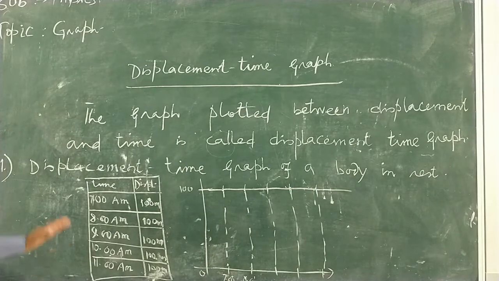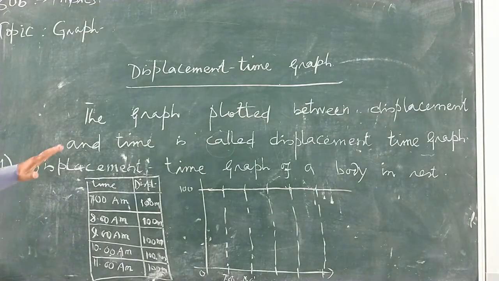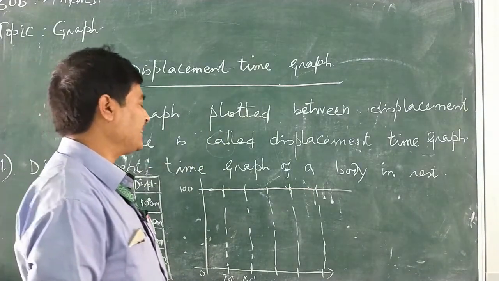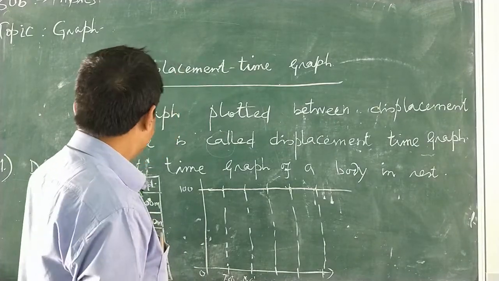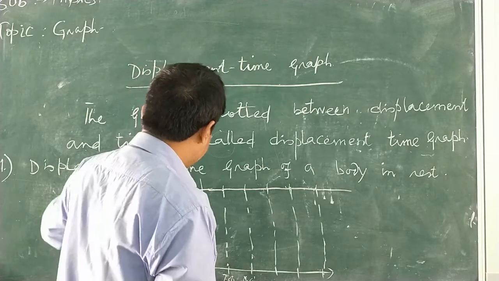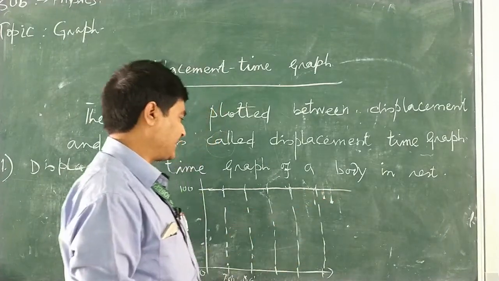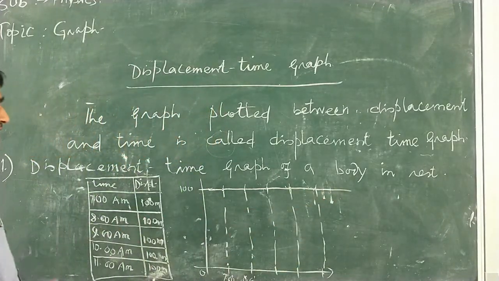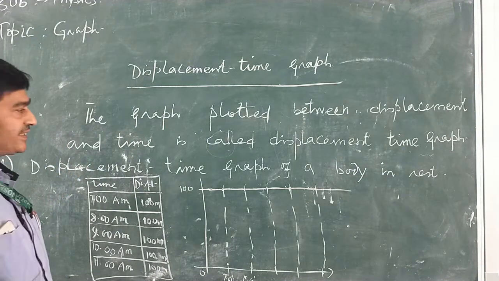So, the nature of displacement time graph of a body in rest is a straight line parallel to time axis. What is the nature of displacement time graph of a body in rest?